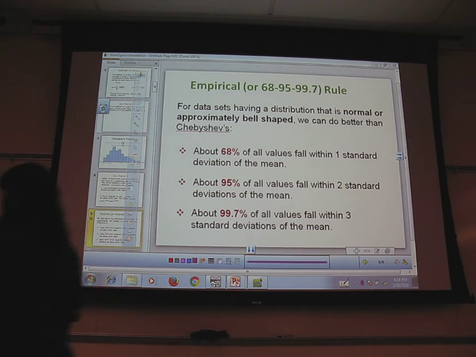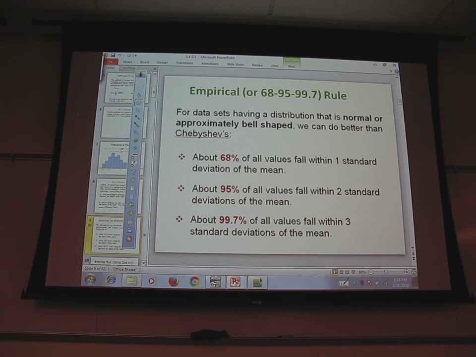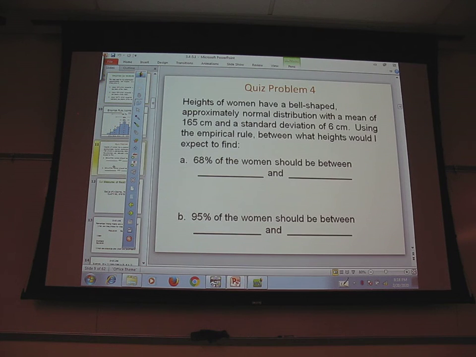So you guys need to use this. Does anybody need another minute to finish up the problem using this information for your quiz? Who's finished quiz problem 4? Who has finished it? Okay, so take 30 seconds and finish it.